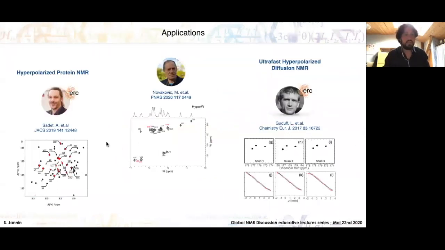Then I can cite also the work of Dennis Kurzbach in Vienna, who just got an ERC grant to investigate the polarization of proteins with hyperpolarized water.